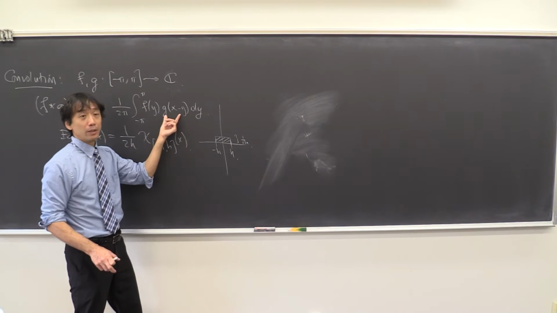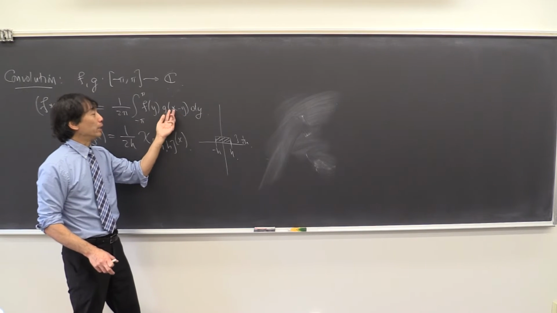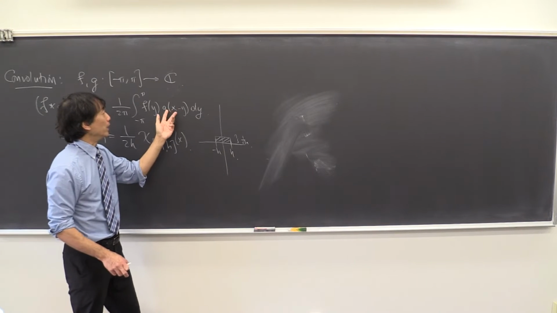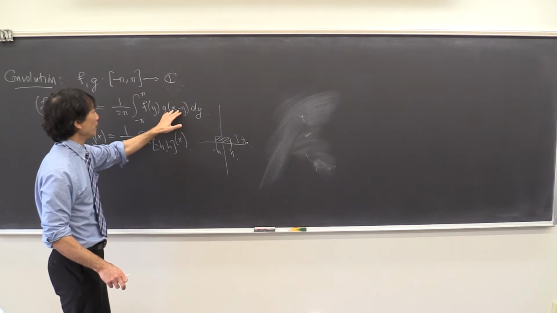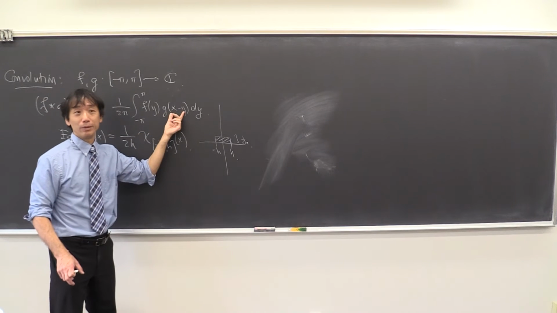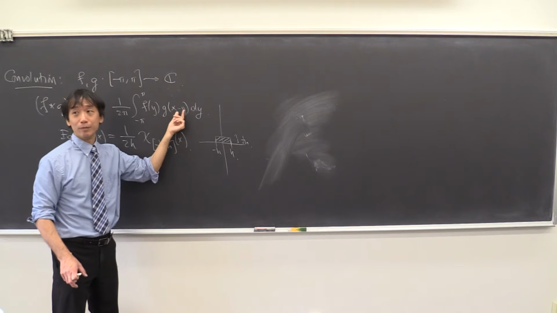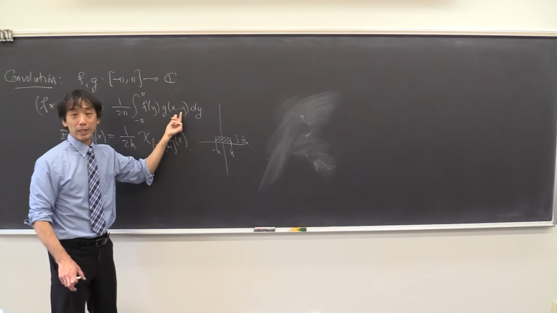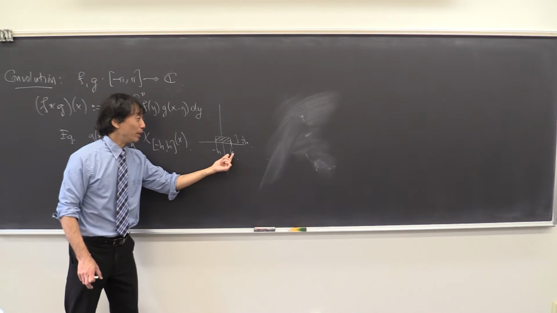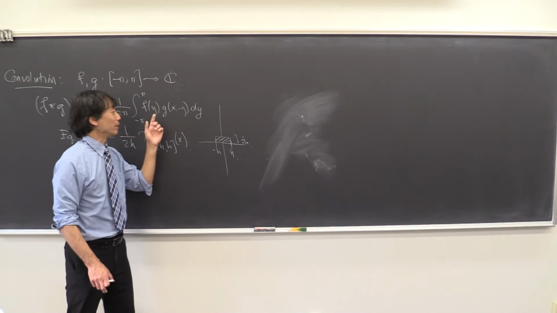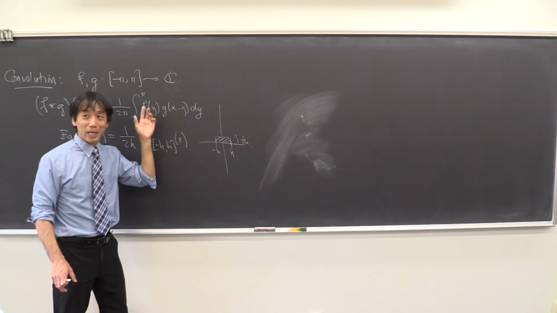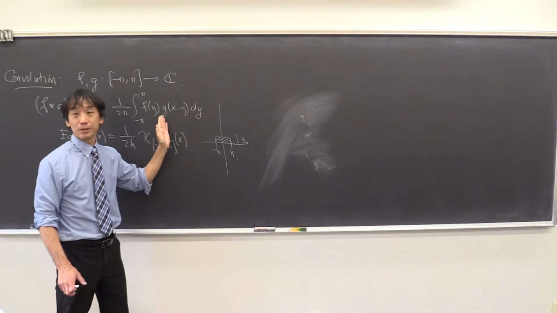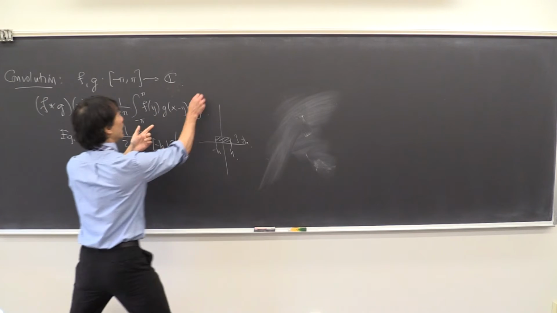Well, this is going to be 1 when x minus y is within h of 0. In other words, when y is within h of x, right? So this is going to be 1 when y is within h of x.